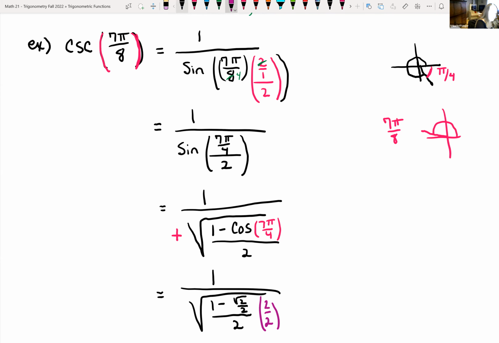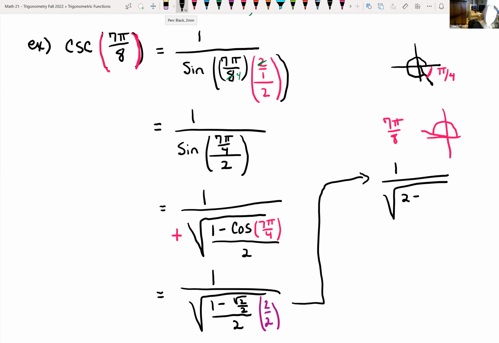Clearing the fraction in the denominator, we get 1 divided by the square root of 2 minus root 2 all over 4. So same thing as 1 all over the square root of 2 minus root 2, all over 2.